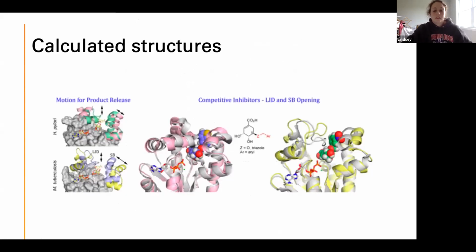And so they thought the reason why it worked better for HPSK instead of MTSK was because of the variance within the shikimate kinase enzyme, in that the HPSK had a smaller active site than the MTSK active site. These structures aren't actually what they crystallized.